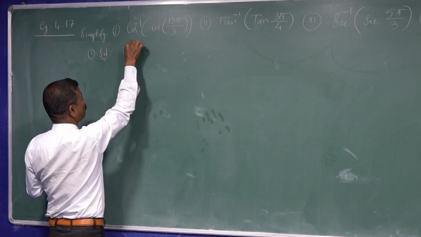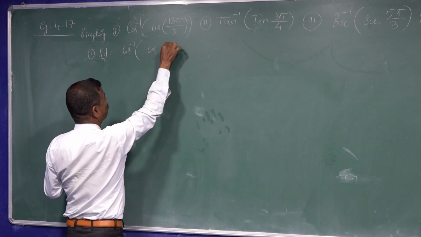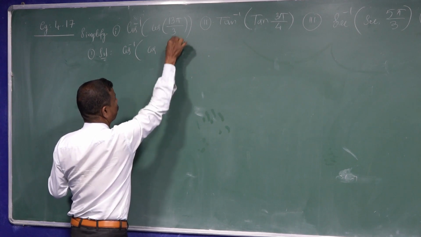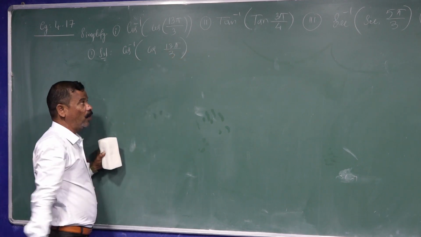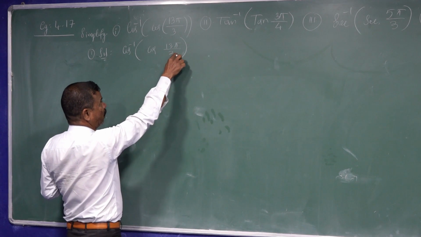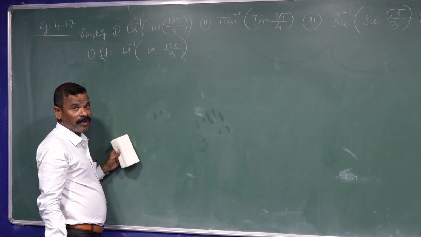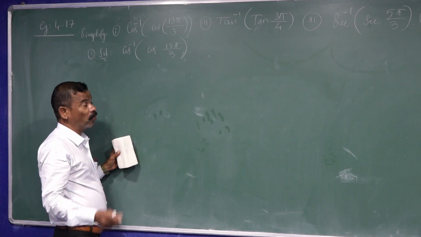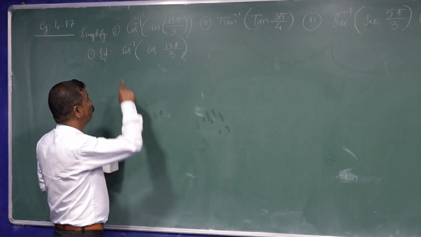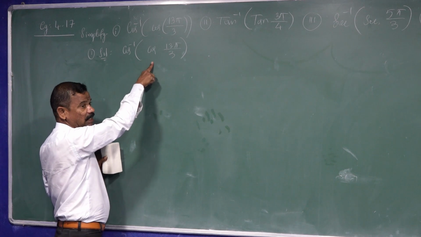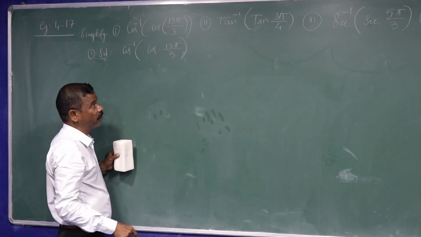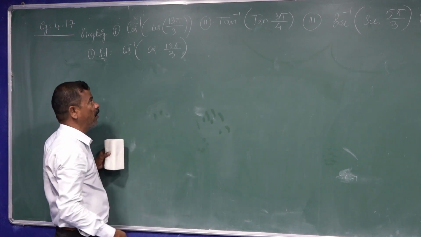What is given? Cos inverse of cos 13π/3 is given. So how much is this value? π/3 is 60, 60 into 13 is 780, more than 90. But here cos inverse of cos lies between 0 to π. It is also above the π value.